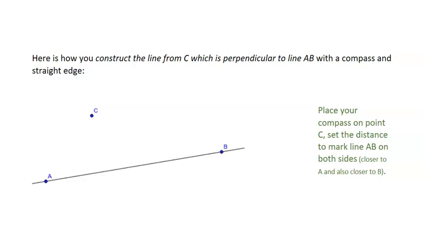There's no specific distance; it just needs to be wide enough that if you create your arc, it swings around in a semicircular fashion and hits line AB twice. So if I do that, there's one there, keep swinging around, there's one there. It doesn't have to be perfect, as long as it intersects.